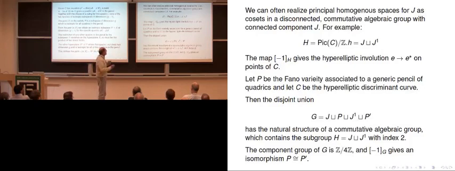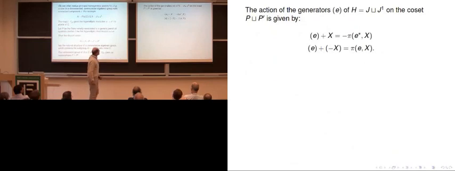Okay, so this all fits together: the Fano variety fits together with the curve in this commutative algebraic group. To give you the addition law, I can tell you what the generators of this subgroup are on this coset. It's of index 2, so it's just a subgroup acting on the coset. And the generators are coming from points on the curve, and they're elements in J1.